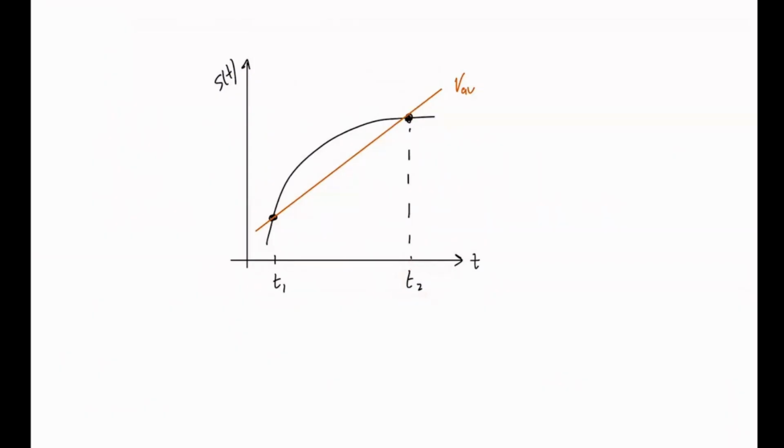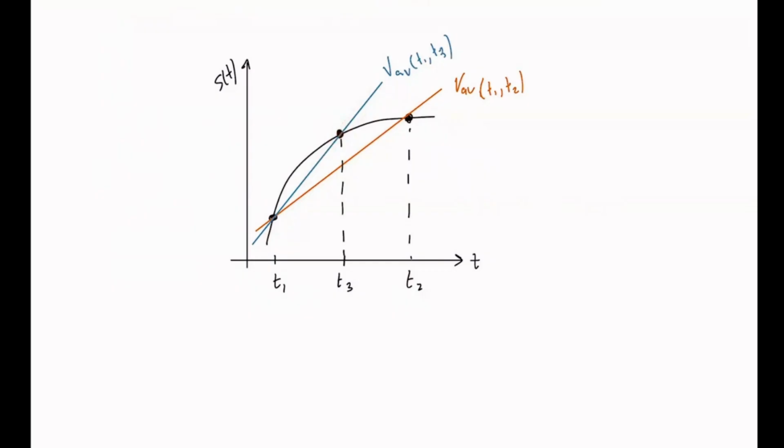Now, if I move closer to T1, so let's say I have this T3, then a point will be right here. If I draw another secant line through these 2 points, this is my V average between T1 and T3, right? As you can see, it's much steeper than the first one, so the velocity is increasing in this case, right?